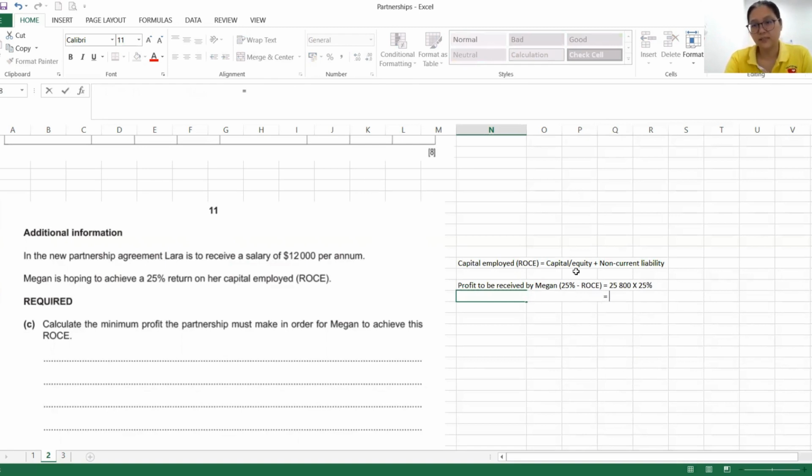So based on the calculation, it should be 6,450. This is the amount that she will get as profit share.